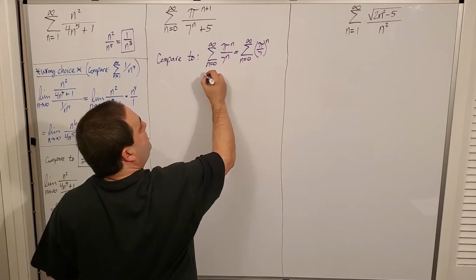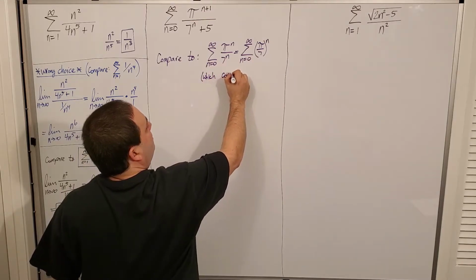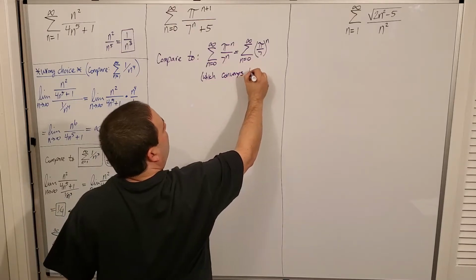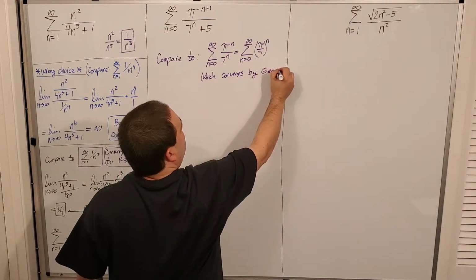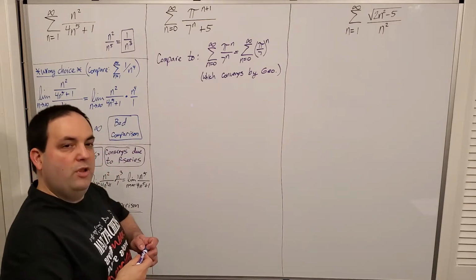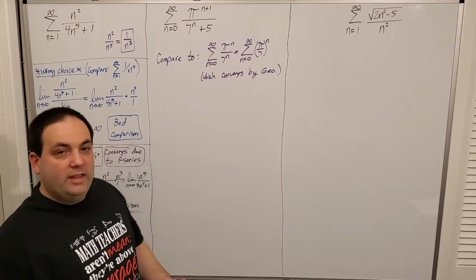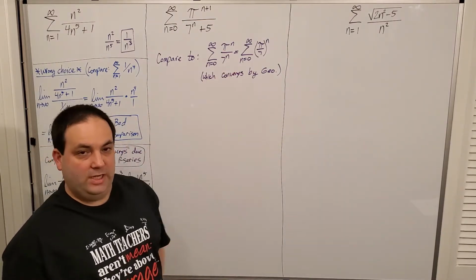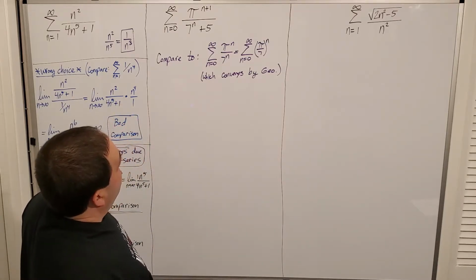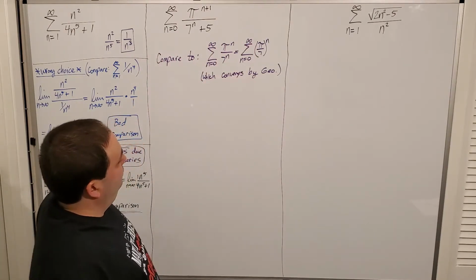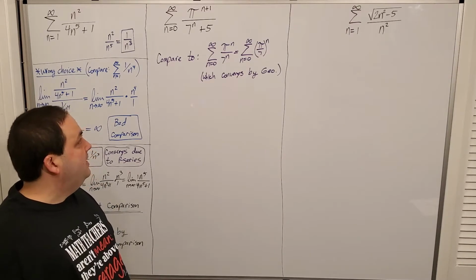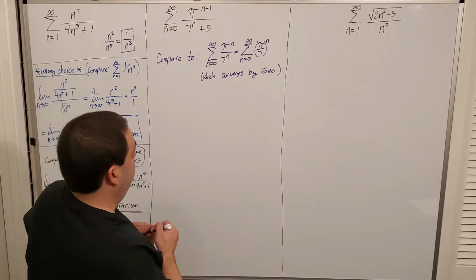And then you can go ahead and say which converges by geometric series. Okay, now I know I'm abbreviating, I'm running out of space. When you write this out, you're going to want to write by geometric series. Okay, so this is what I'm comparing it to, which means now I'm going to do my limit.